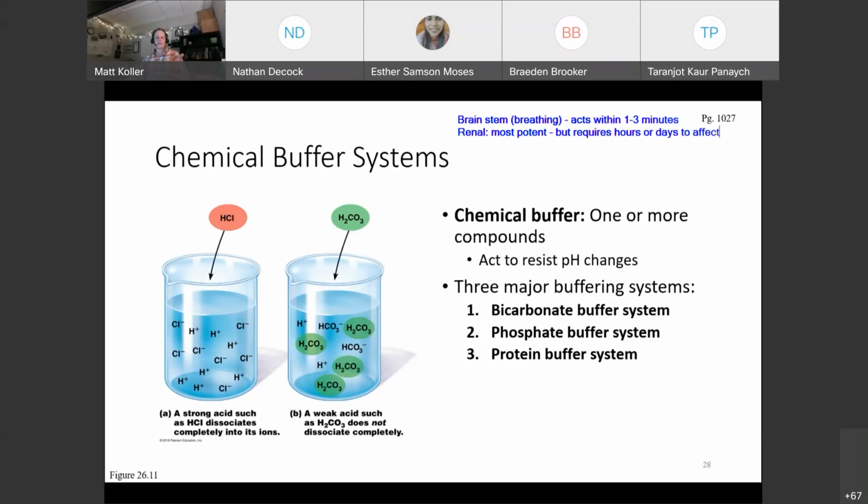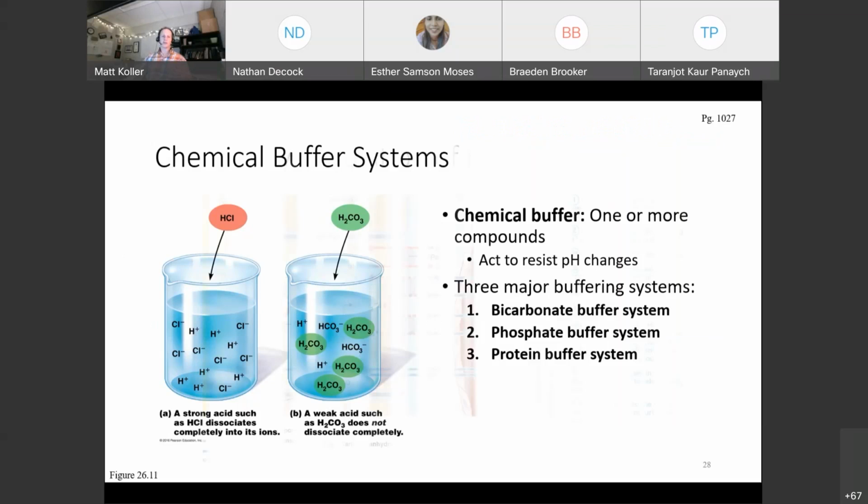So the protein will either be able to tie up hydrogen ions or will be able to tie up bases in order to regulate pH within the body. And so pH really gets a bit complicated, but know the basics that there are the 3 buffering systems, and for chemical buffers, we have 3 chemical buffering systems here.